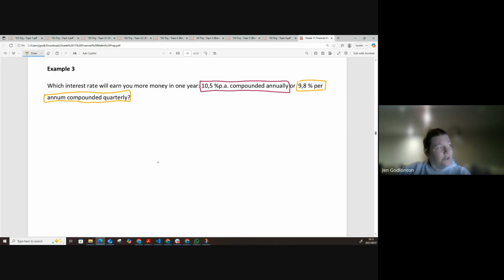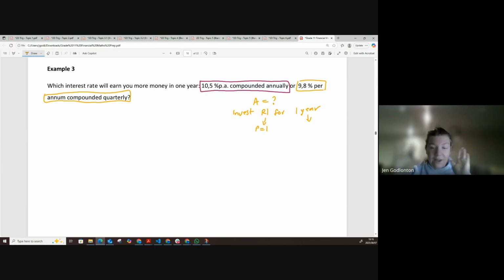So what you are trying to do is you are trying to figure out the A. You can choose what you want your P value to be, and you can choose what you want your N value to be. So when they don't give you a P and an N, I always recommend invest 1 Rand for 1 year. So our P would be 1 and our N would either be 1 or 4, depending on which one you're working with.